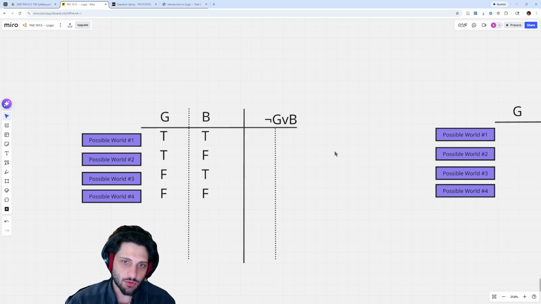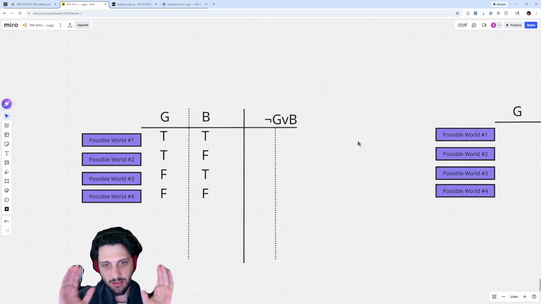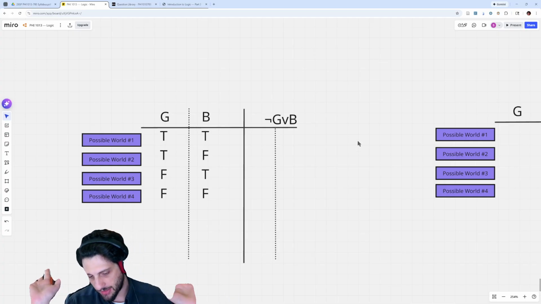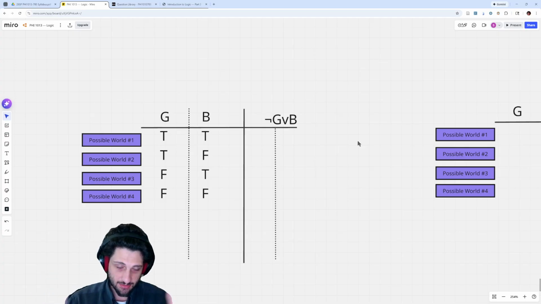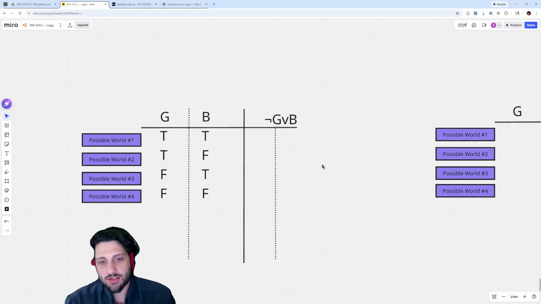So I have my 4 possible ways the world could go. Now I want to think about what the value of this statement is in each of these possible worlds. Here, I'm betting that some of you can just look at this and see, oh, I think the whole statement is false here, and the whole statement is true there. I want to urge you very strongly to resist trying to skip those steps.